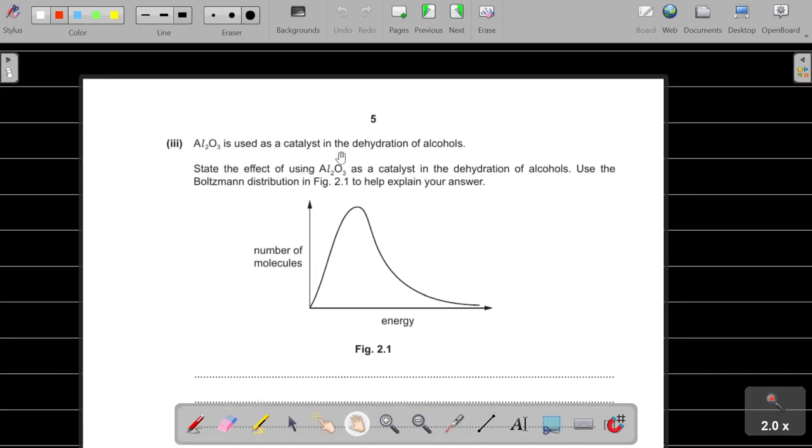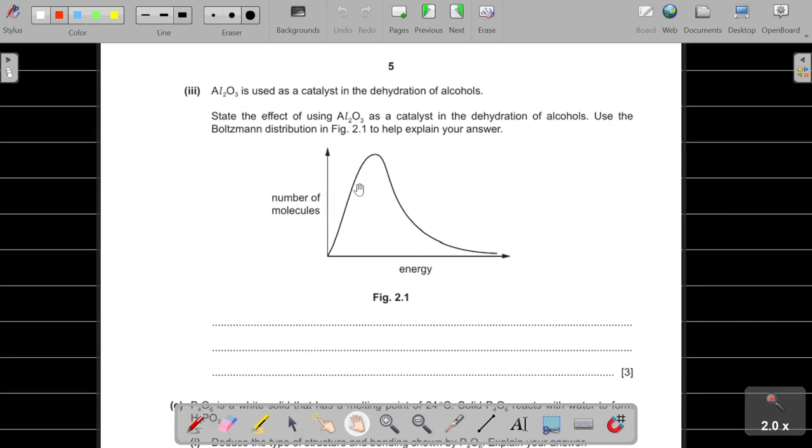Aluminum oxide is used as a catalyst in the dehydration of alcohols. State the effect of using aluminum oxide as a catalyst in the dehydration of alcohol. Use the Boltzmann distribution in figure 2.1 to help explain your answer. Here we have this distribution curve, okay? And you know, in a distribution curve, this area represents the molecules that are not making the product, because energy is increasing from left to right.